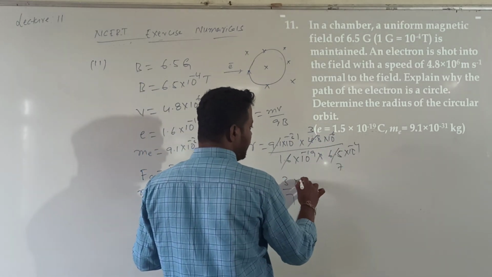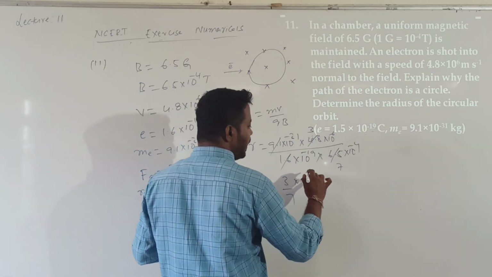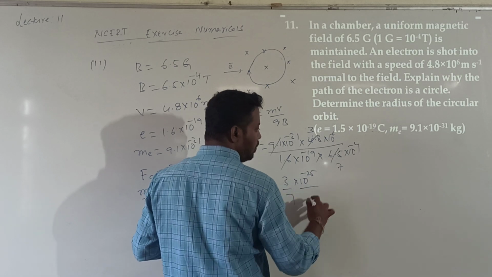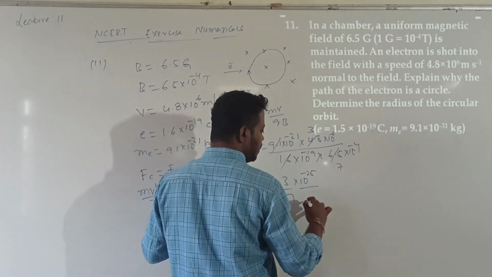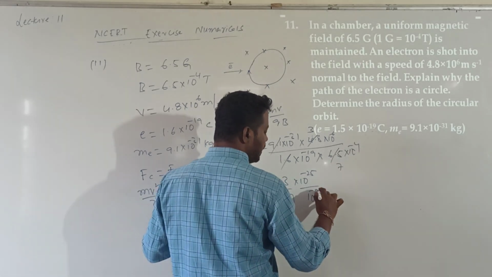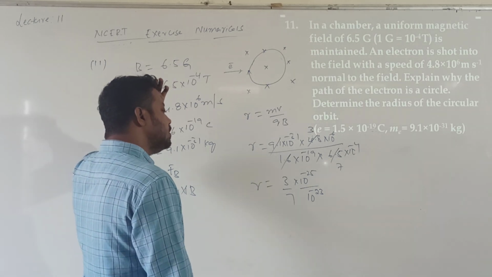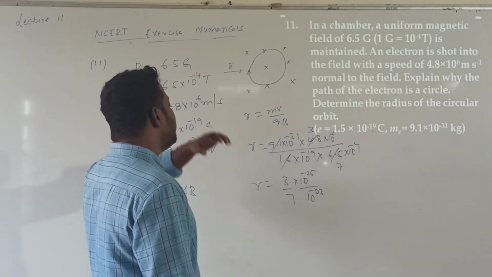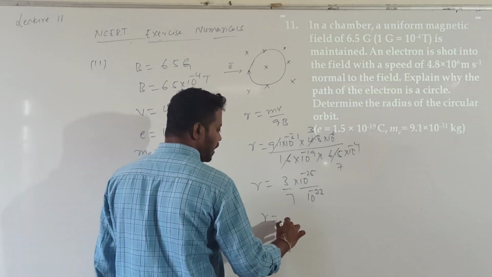In the numerator 3 into 10 power minus 25, in the denominator minus 19 and minus 4, so 10 power of minus 23. Correct? 10 power of minus 31 plus 6 is minus 25, so overall 10 to the power of minus 3. So what will we get for the R value?